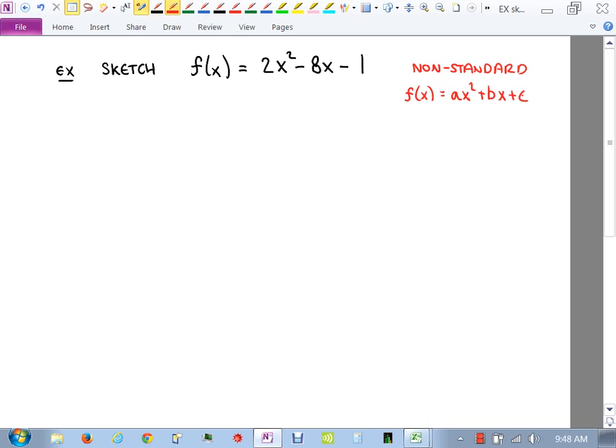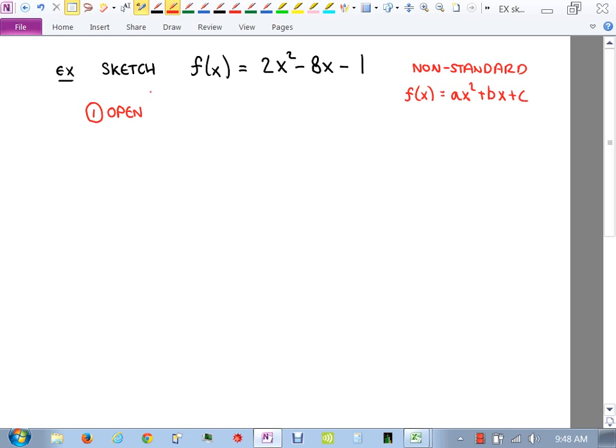So with the non-standard form, there's no switching, like when we had to switch the signs with h and k. With the non-standard form, a is whatever a is, b is whatever b is, c is whatever c is. All right, same set of steps. First step, does it open up or down?